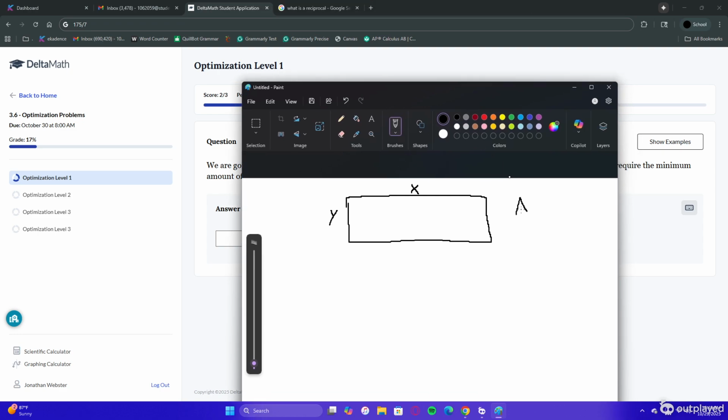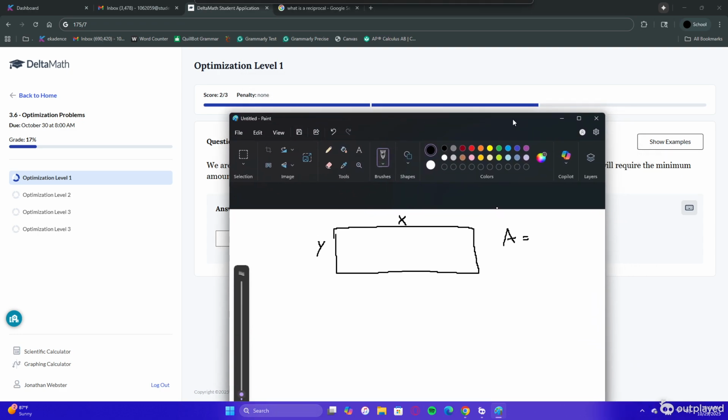So our area equals 256, and remember that area is just x times y, so 256 equals xy, and solving to get y by itself, you get y equals 256 over x.